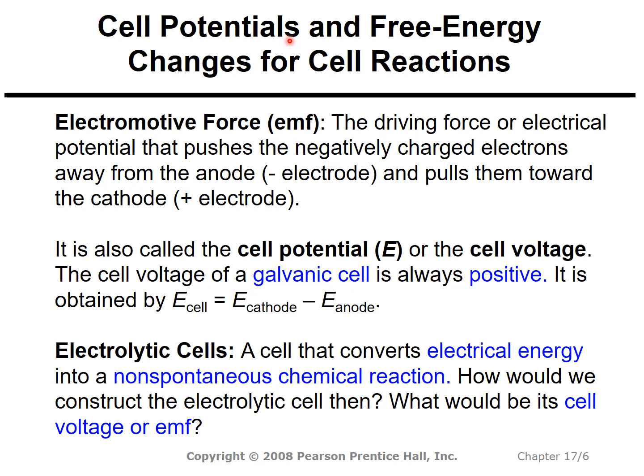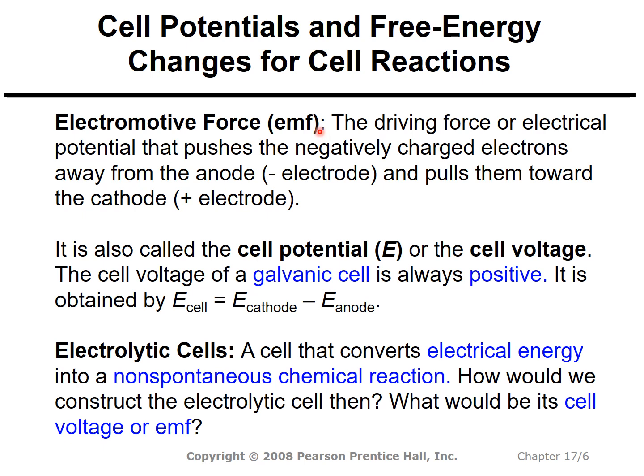Cell potentials and free energy changes for cell reactions. We are thinking about the electrochemical cell. The first nomenclature related to the electrochemical cell is electromotive force, shortly EMF. Actually, we talked about that in the previous chapter.